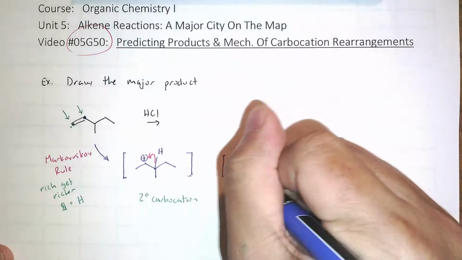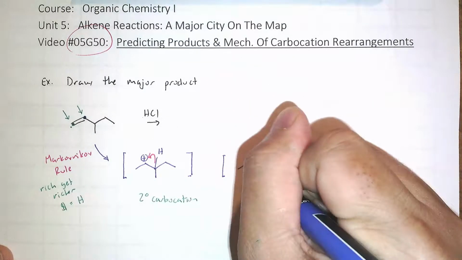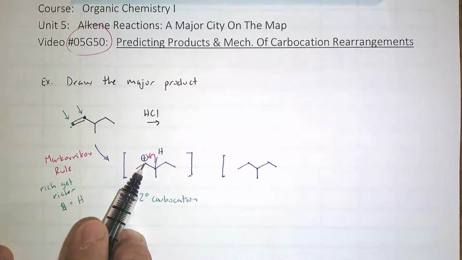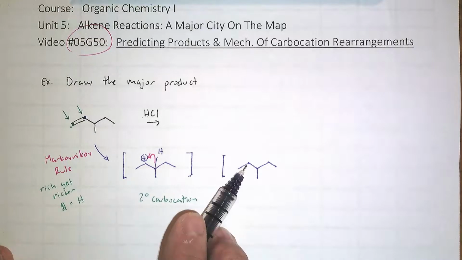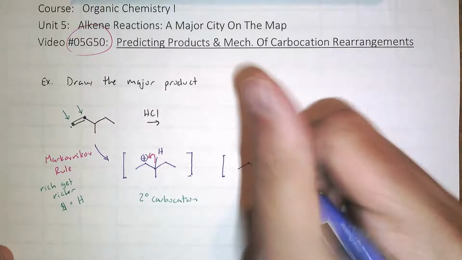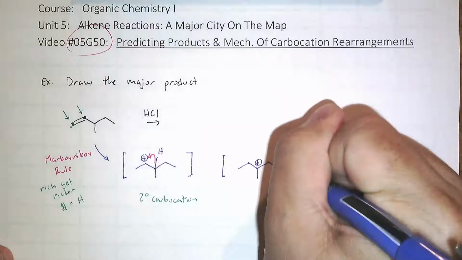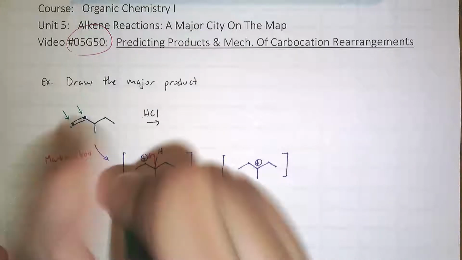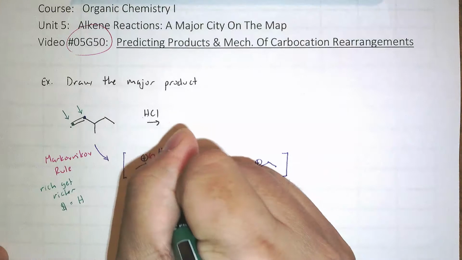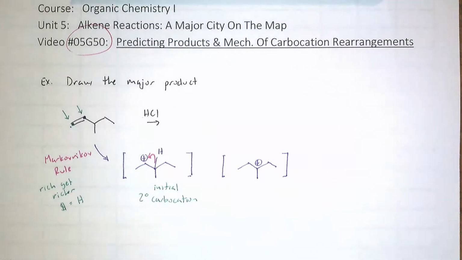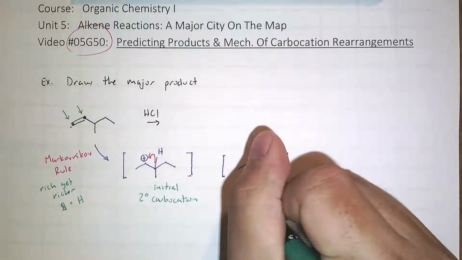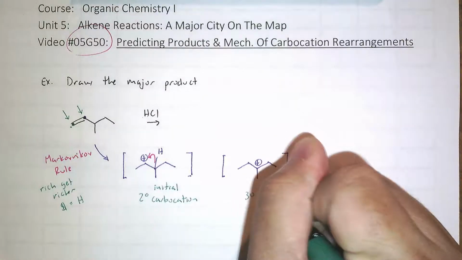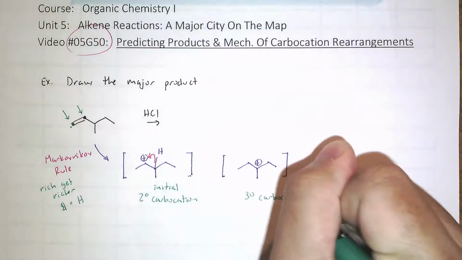Since the hydrogen went on this carbon, that carbon is no longer naked and it has 4 bonds, so that carbon is neutral. But now this carbon in the middle is naked and it's positively charged. So that's another intermediate. I would say that this is the initial carbocation, and it happens to be secondary. But here we have a tertiary carbocation, which is much more stable than a secondary.